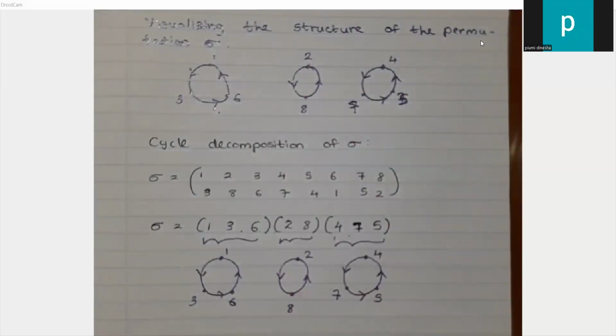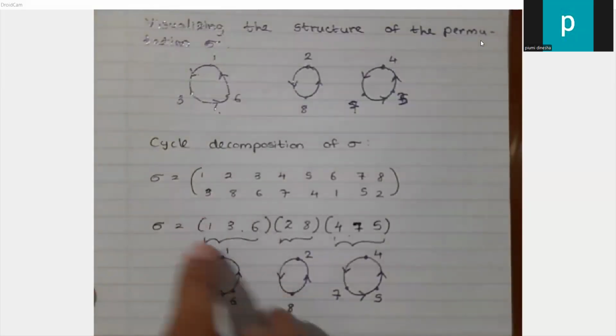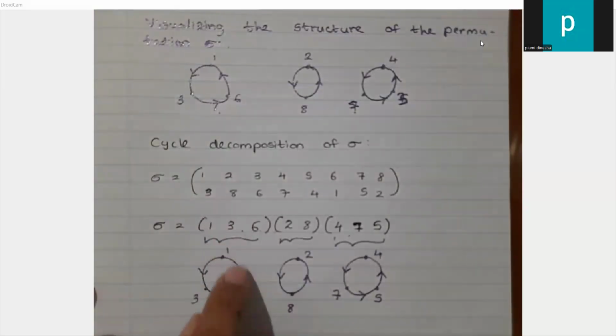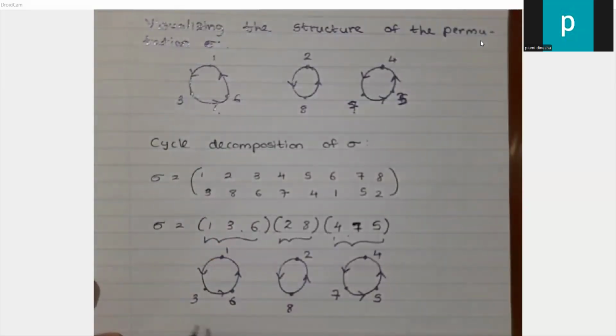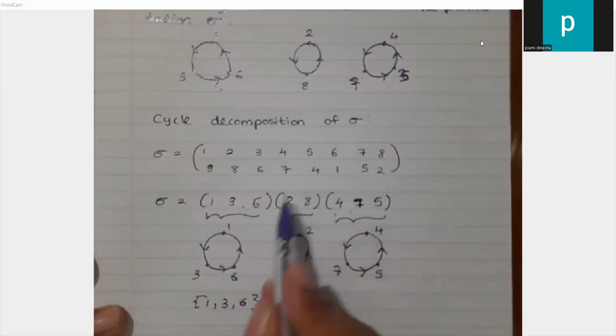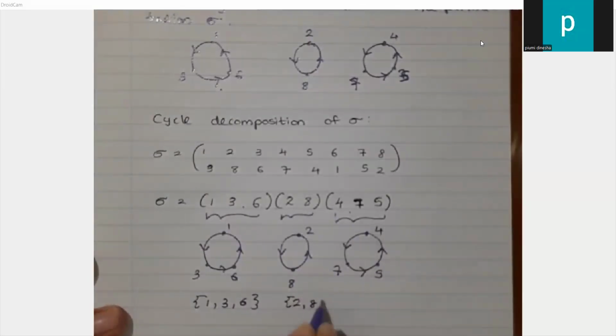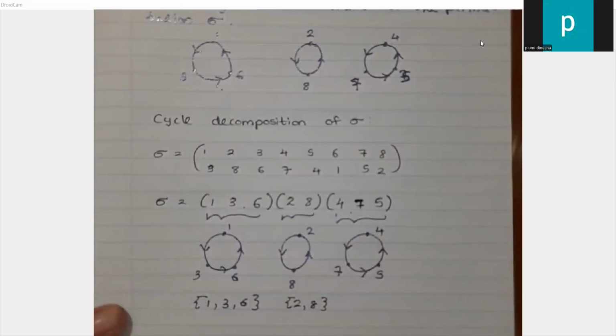So what does it mean if you get the cycle decomposition? Once you write the cycle decomposition for a given permutation, each of those cycles that are in the product would correspond to an orbit. So in this cycle, you have the elements 1, 3, 6 that will represent one orbit containing the elements 1, 3, 6, right? If you go to the second cycle, it corresponds to the orbit containing the elements 2, 8. So orbit of 2 is 2 and 8.